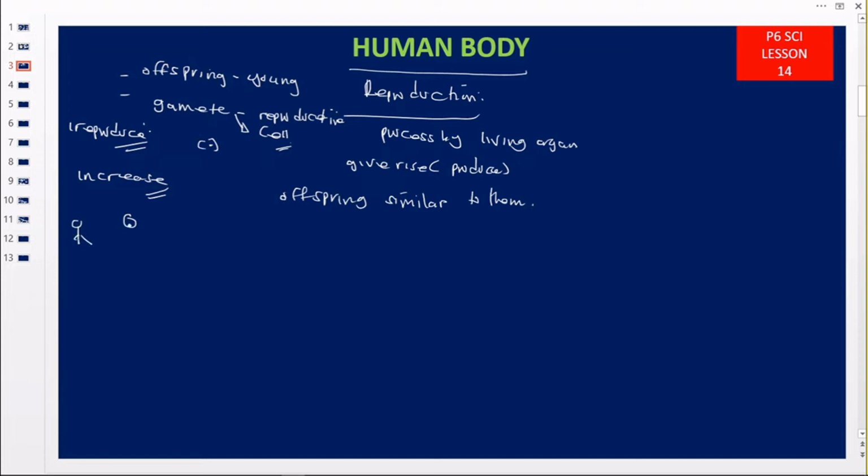No. A tomato gives rise to a tomato, as a dog produces a dog. A lion produces a lion, not a fish. That is what it means. That is why I am saying this is very, very important. So reproduction is the process by which living organisms give rise to or produce young ones or offspring that are similar to them.